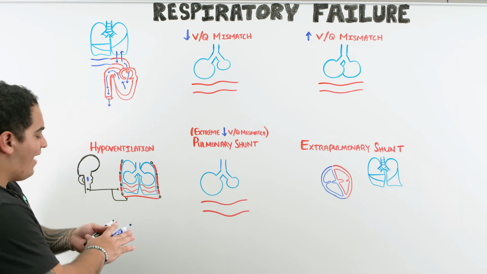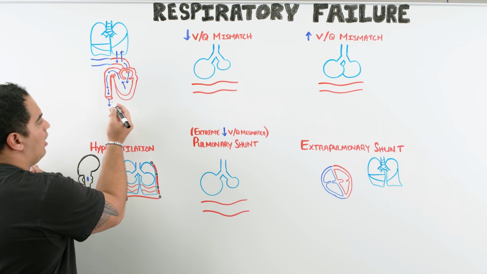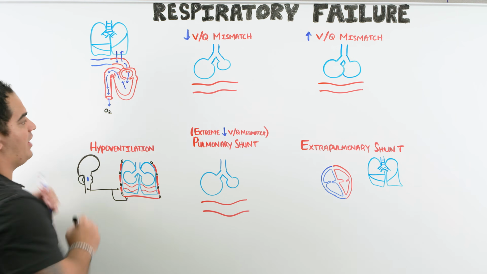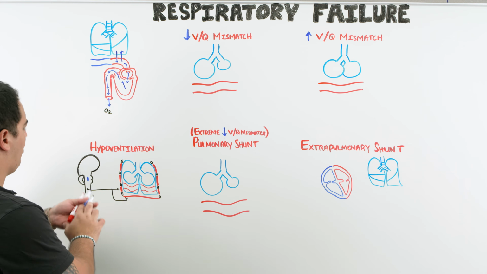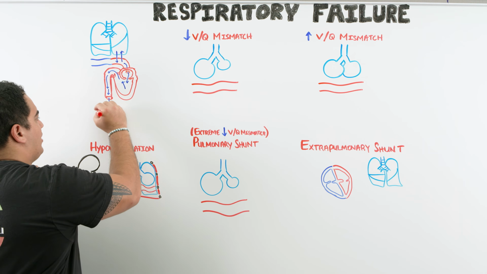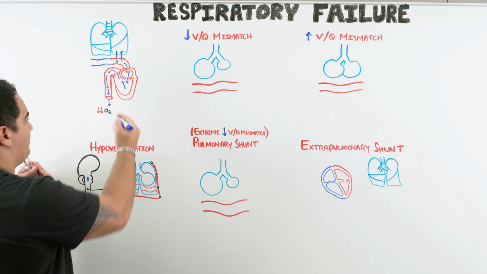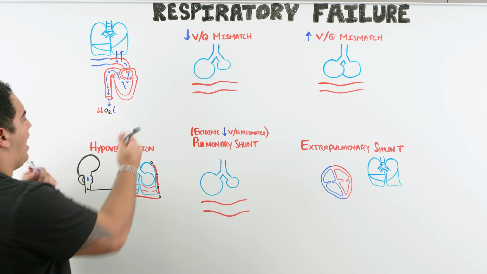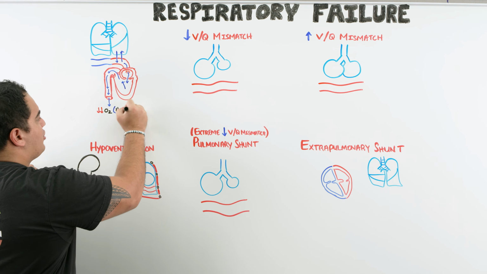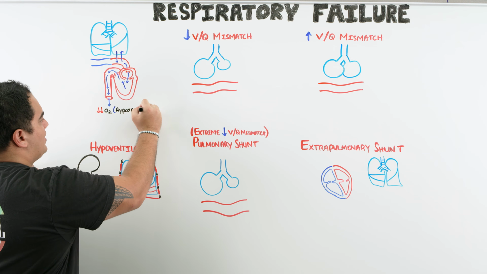So whenever you have a patient who exhibits a low amount of oxygen within the bloodstream, what do we call that? This is called hypoxemia. So it's low oxygen within the bloodstream. And now this can be measured in a couple different ways.